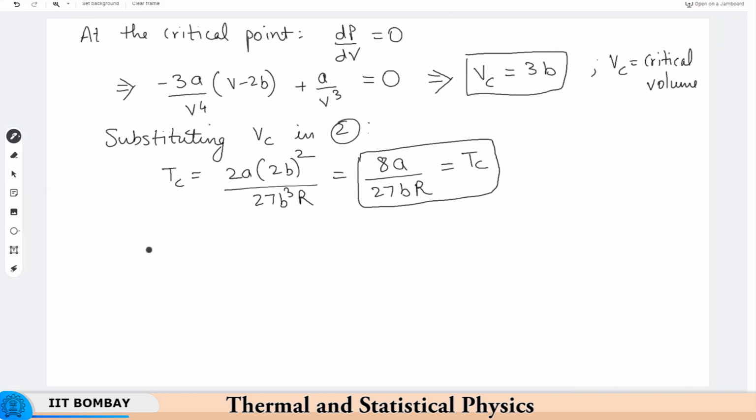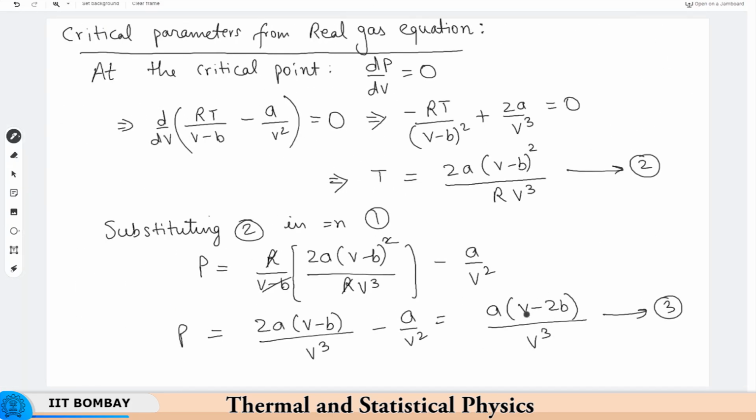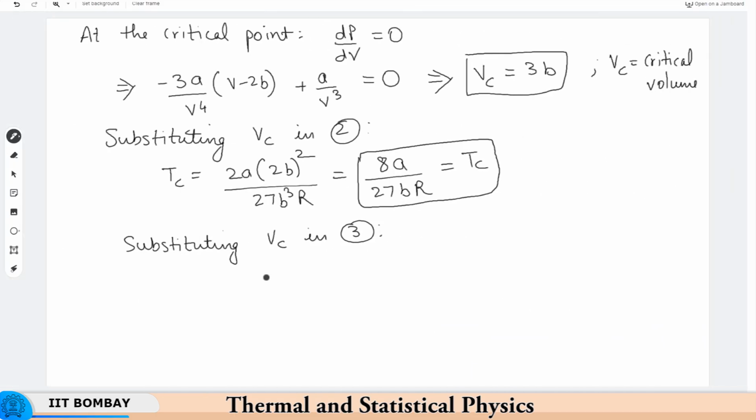So substituting Vc in equation 3, if we plug Vc equals 3B here, we simply get A times (3B minus 2B) divided by 27B cubed, and this simply becomes, this implies our Pc is A divided by 27B squared.